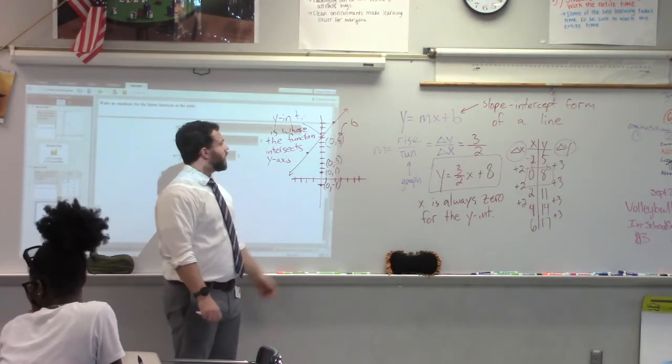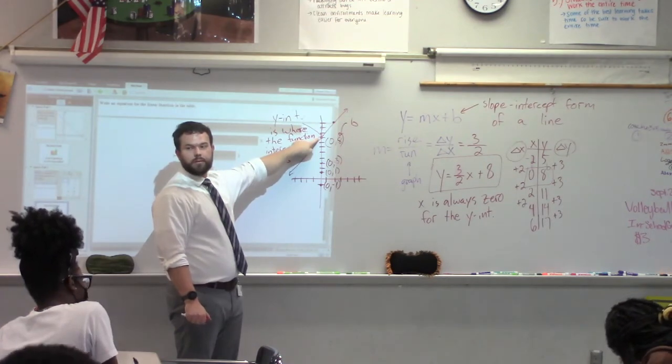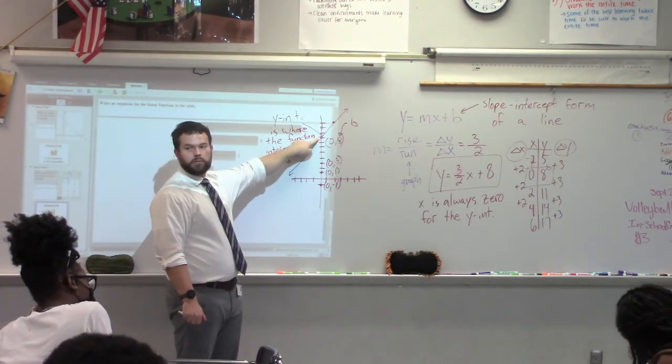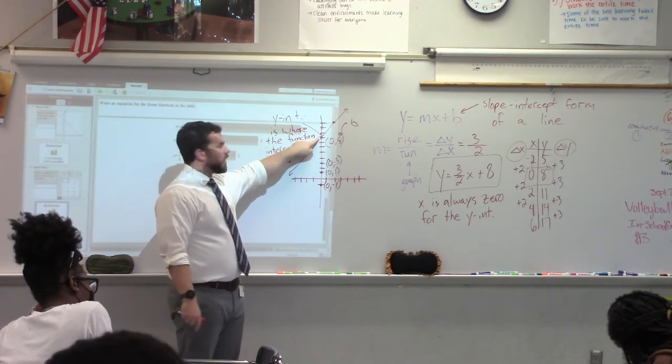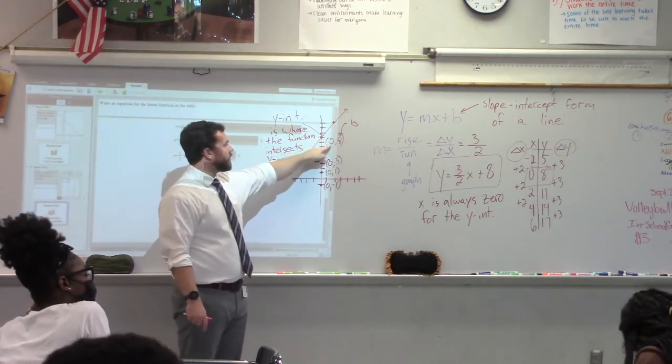I don't know what to tell you, the line is here intersecting the y-axis right there. If you need to sit up here when I'm giving direct instruction, do that, or sit to the side there, but here's the y-axis, it's intersecting right there at 0, 8.